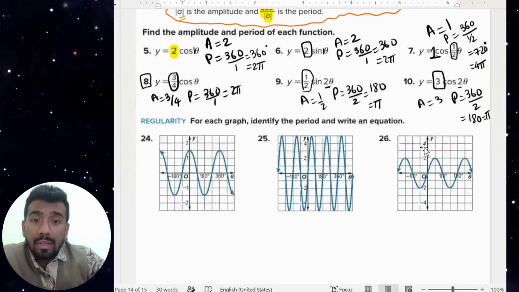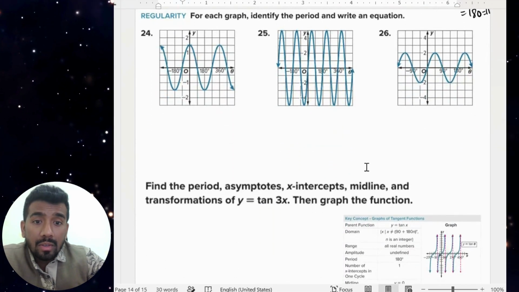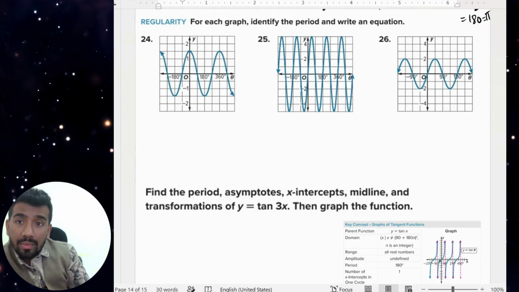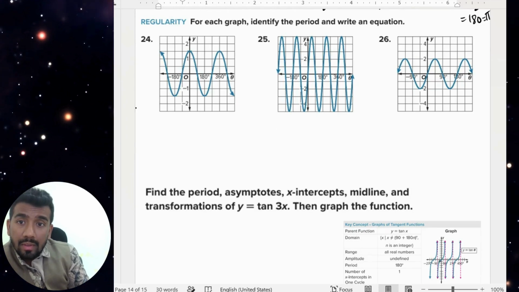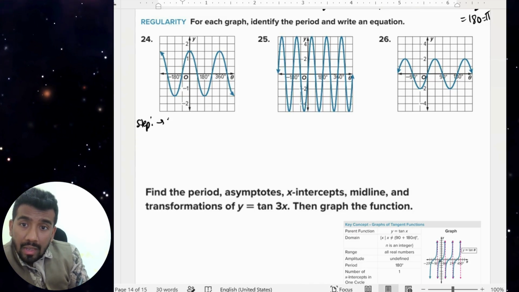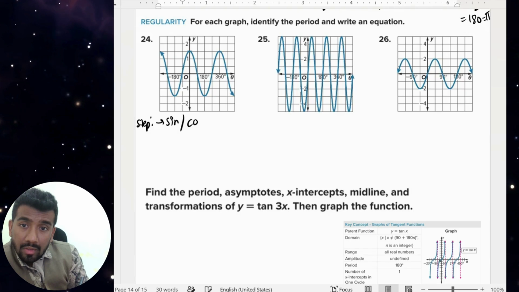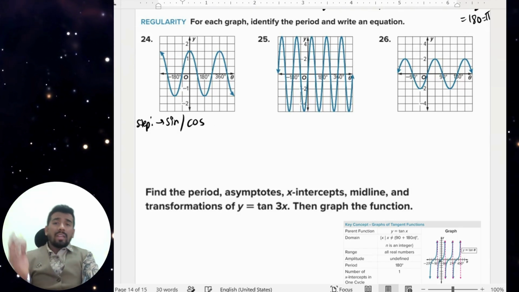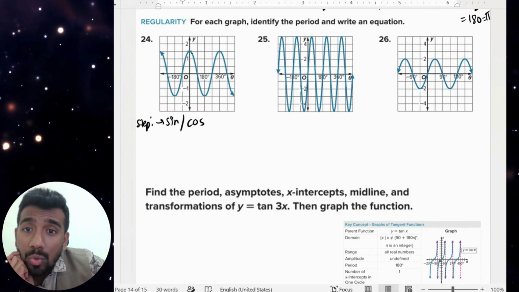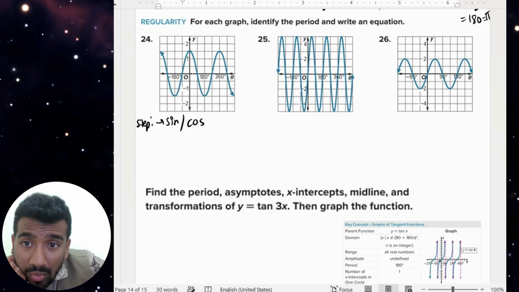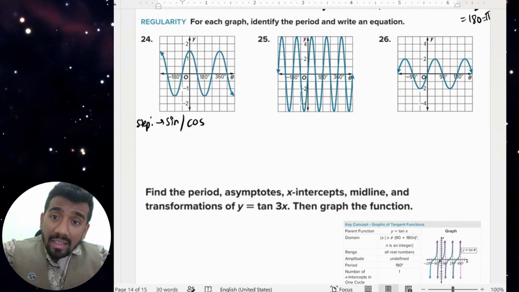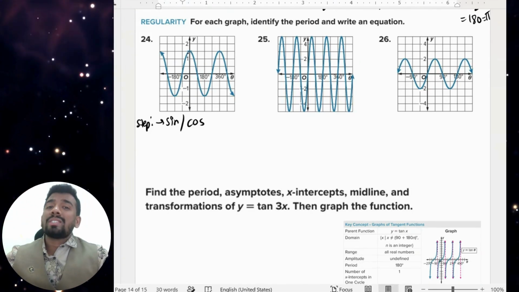Step 1, sine or cosine. How you know whether it's sine or cosine? If the graph, you see, if this blue one starts from the 0, then it is sine. If it starts from some other number, then it is cosine.